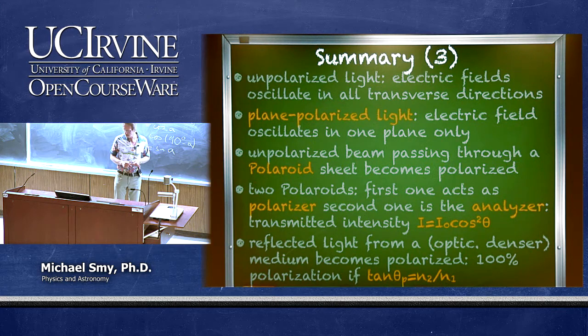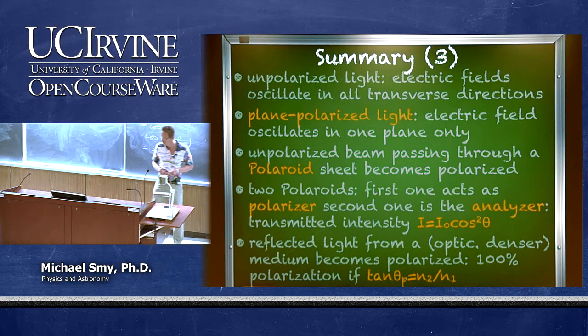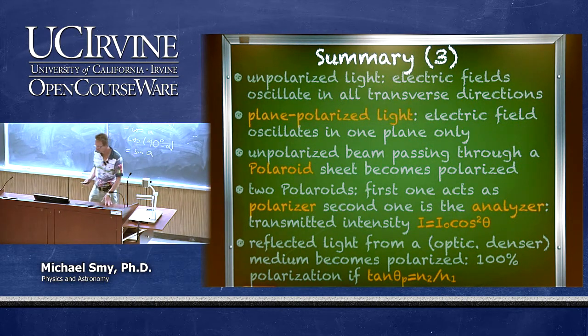And then finally, unpolarized light means that the electric field oscillates in all transverse directions, while plane-polarized light means that the electric field oscillates in one plane only. And unpolarized light passing through a Polaroid sheet becomes polarized.